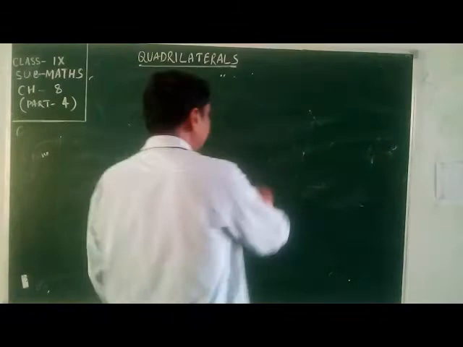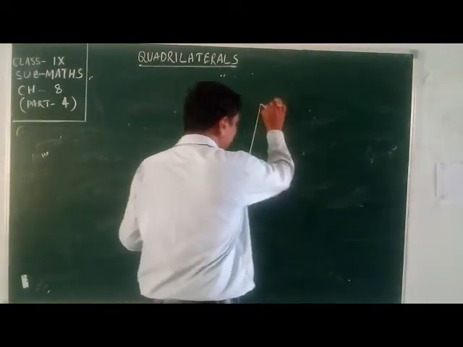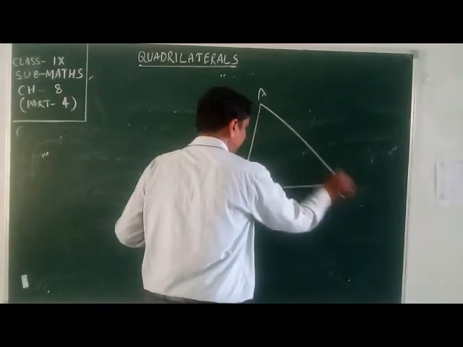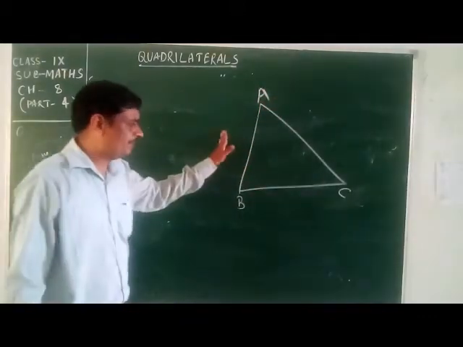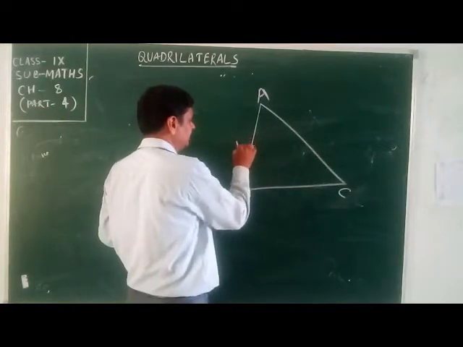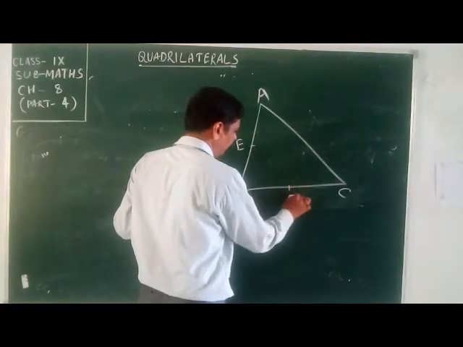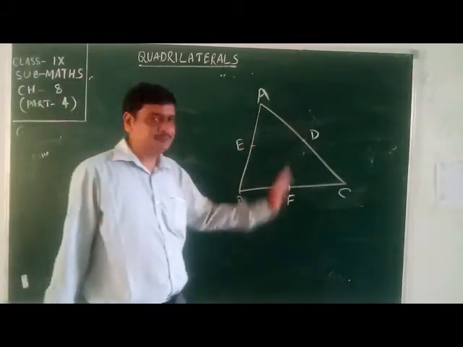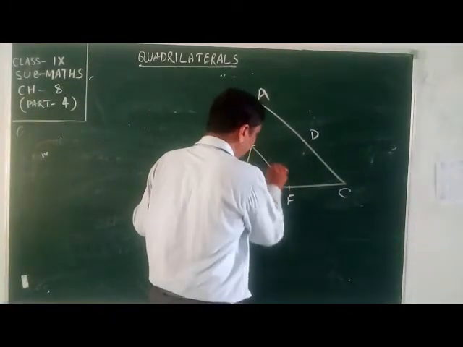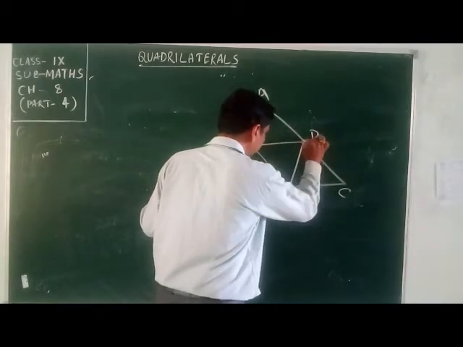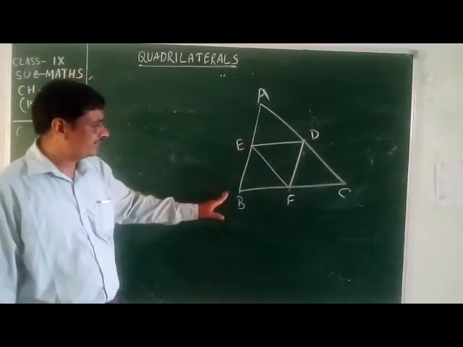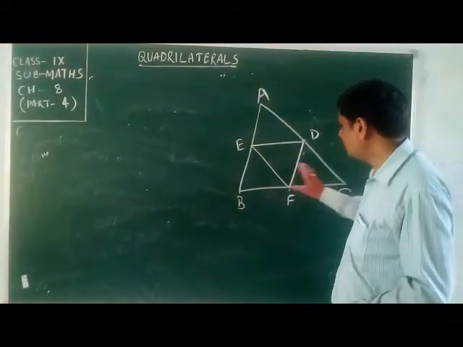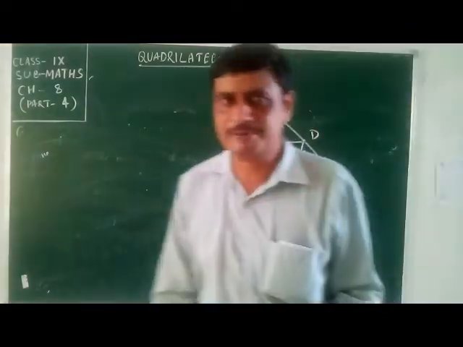If we take any triangle, let ABC be any triangle, and the midpoints of AB, BC and AC are D, E and F. If we join all these midpoints on the three sides of the triangle ABC, then the triangle ABC is divided into four triangles, and all these triangles are congruent to each other.